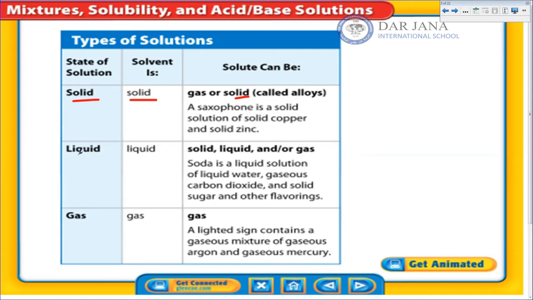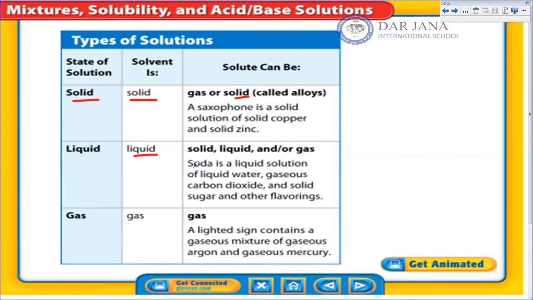The second type of a solution is a liquid solution. So the solvent must be liquid. In a liquid solution, the solute can be either solid, liquid, or gas.